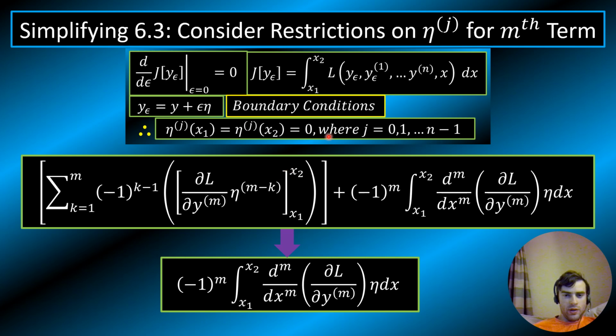And the reason why we chose the boundary conditions to range from the 0th derivative all the way to the n minus 1th derivative is because of this term right over here.